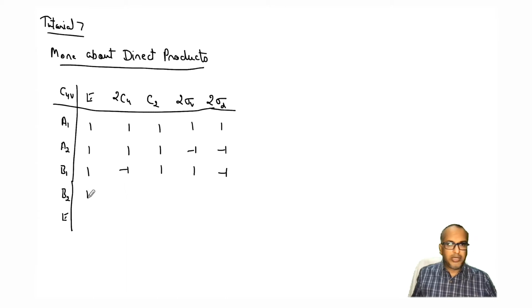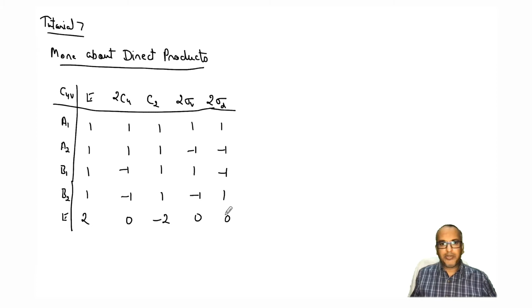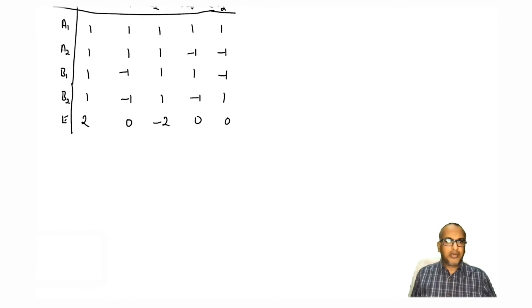For B2 again you have 1, -1, 1, -1, 1. And E is a degenerate representation, so this will be two-dimensional, with 2, 0, -2, 0, 0. Okay, so let us see the first result of direct product.